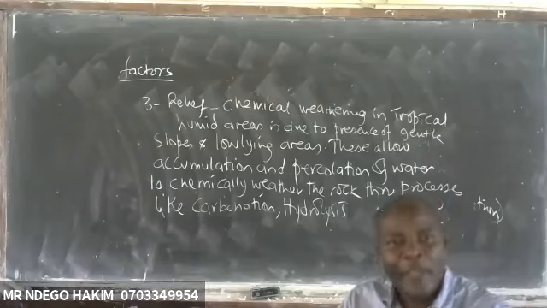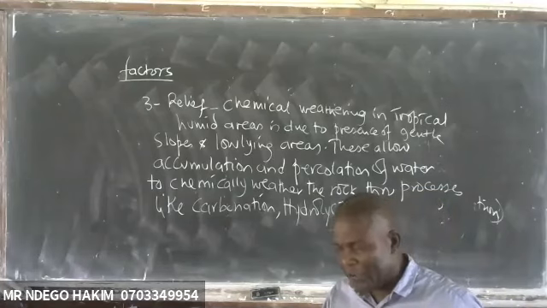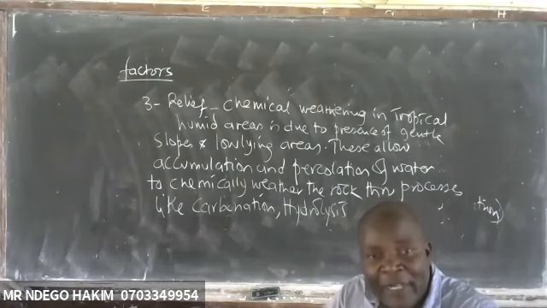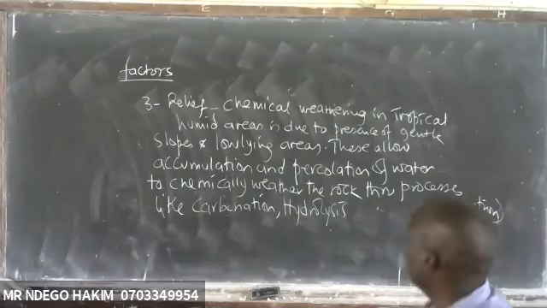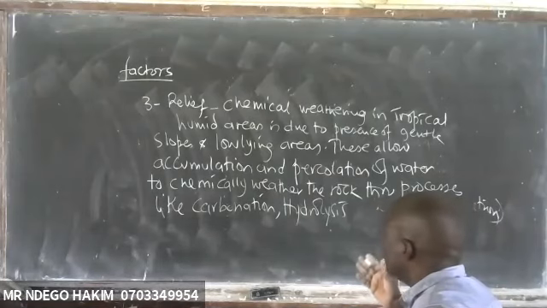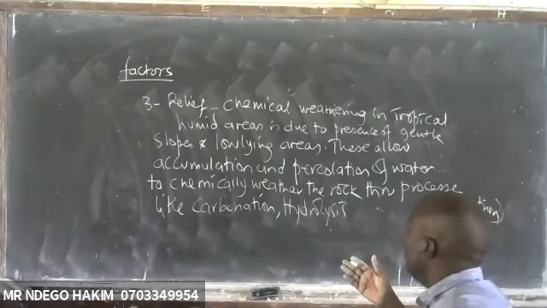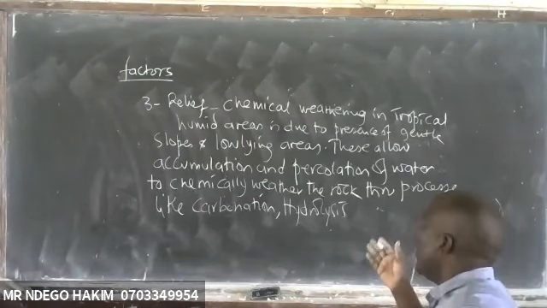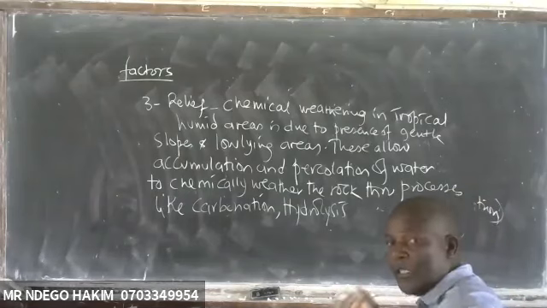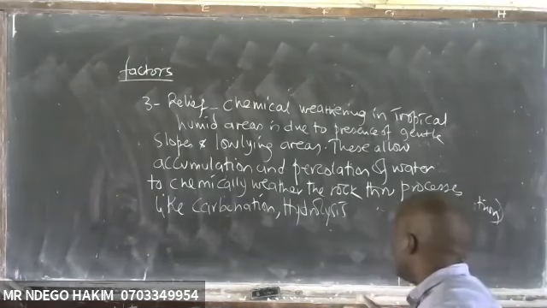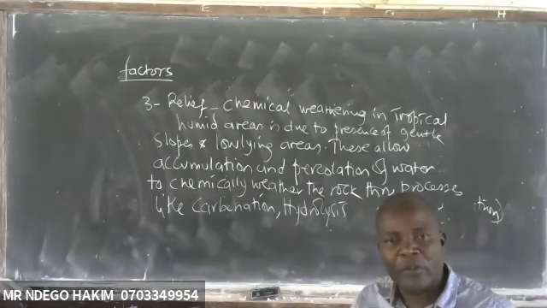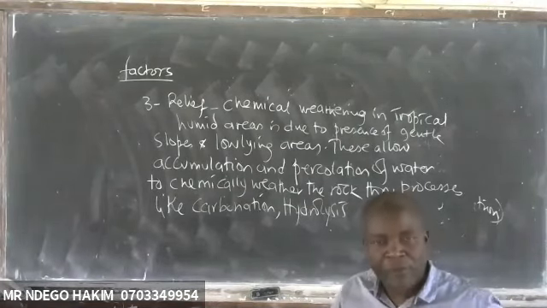Another factor to account for the dominance of chemical weathering is the presence of gently sloping landscape and low relief. Gentle slopes and low-lying areas allow accumulation and percolation of water into the internal structures of the rock to chemically weather the rock through processes of carbonation, hydration, and solution.